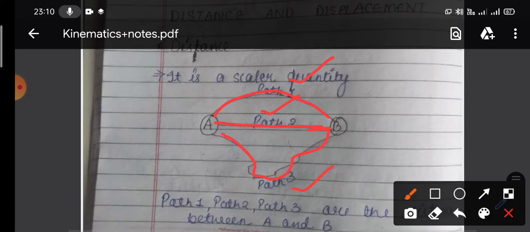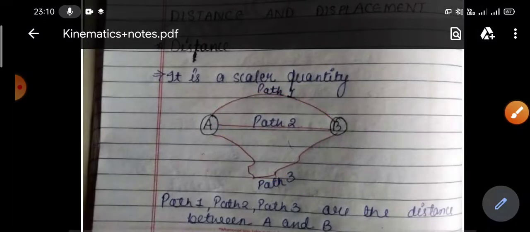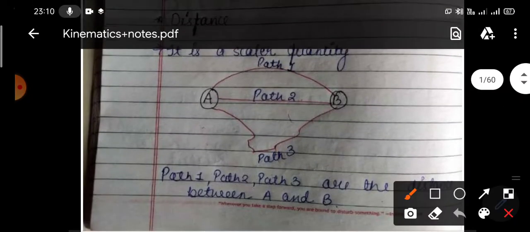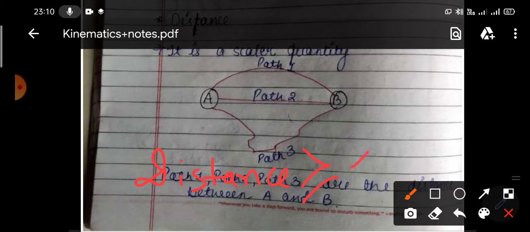So from here you can conclude one thing, that distance is always greater than or equals to displacement. Why? Look, path 2 is your distance as well as displacement. So here distance is equals to displacement. But you can clearly see path 1 is greater than path 2.